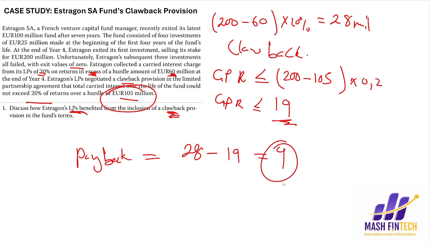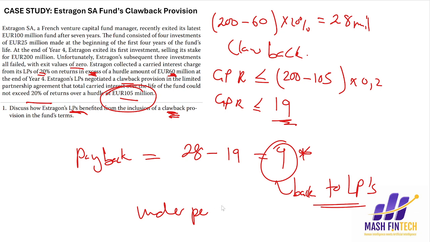So this 9 is paid back to the LPs, the investors, the limited partners. And hence limited partners benefit by getting a back payment because of an underperforming fund for like 3 years. Okay, so that's the benefit they get in that instance.